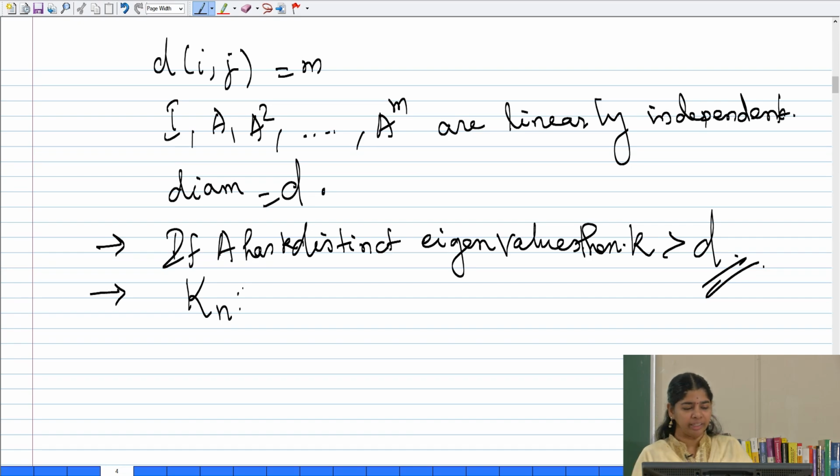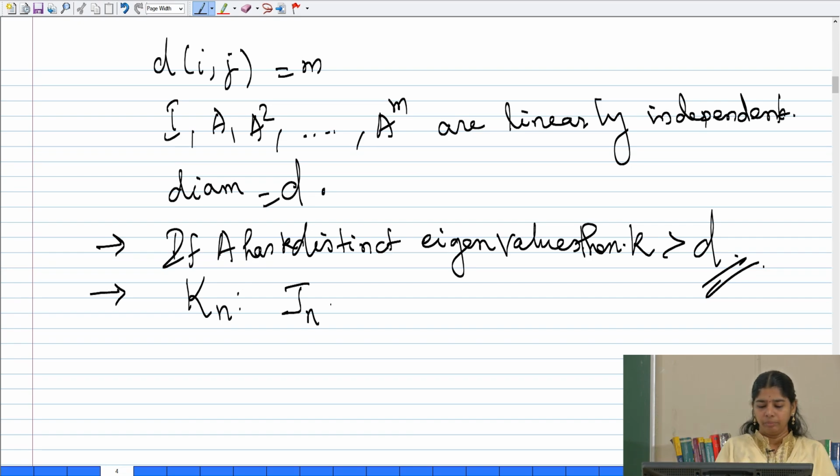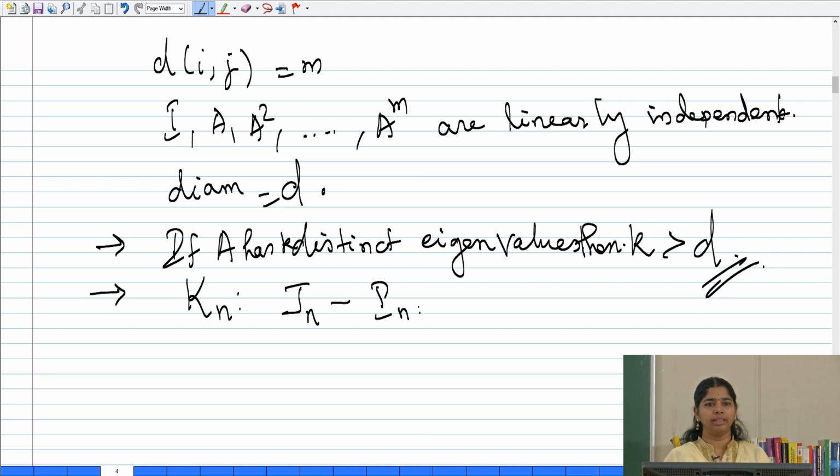We also saw that Jn has rank 1, only one linearly independent column is there, right. So, that means rank 1 means there is only one non-zero eigenvalue, so the remaining are all zeros. There are n minus 1 zeros as eigenvalues and there is one eigenvalue which is going to be non-zero, right. So, what will be the value of that?